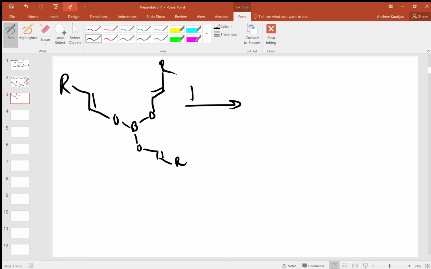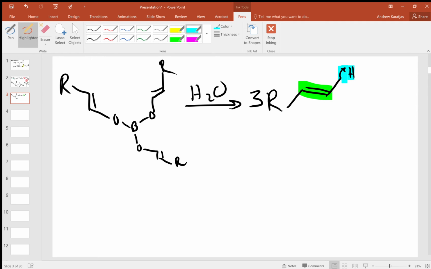And with the water that's present, each of those gets broken down to form this structure. This structure, which is an alkene attached to an alcohol, is known as an enol.